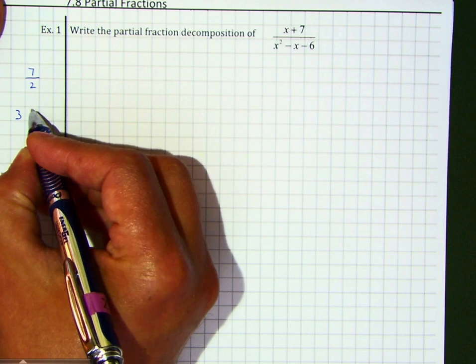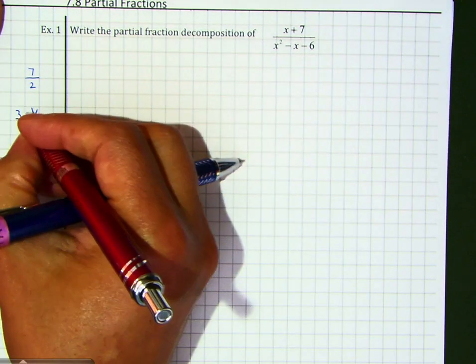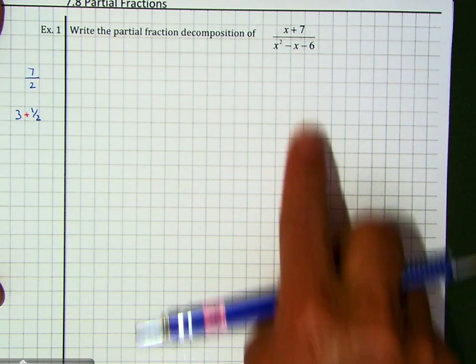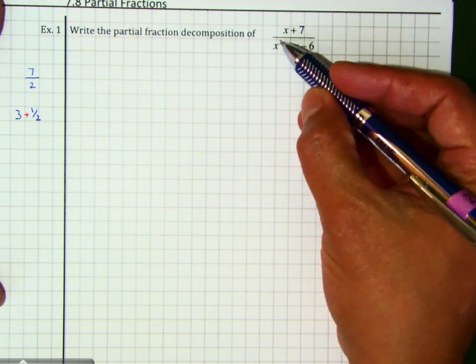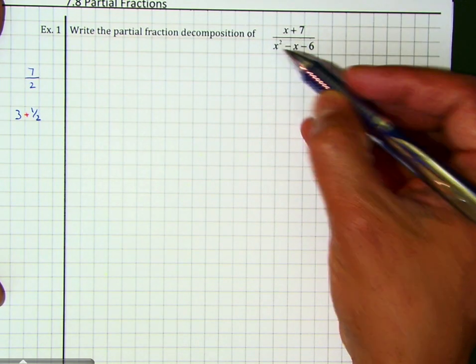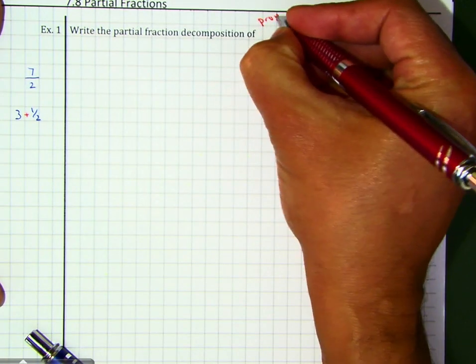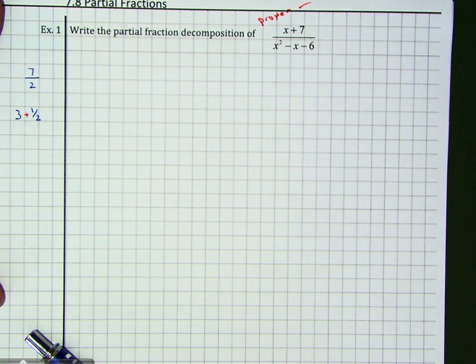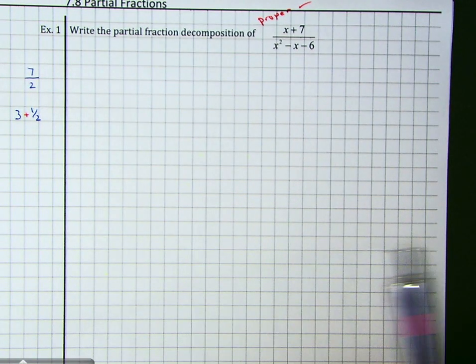We usually write down 1/2, but we know that there should be a plus in between that we're not going to write down. If the degree of the polynomial is bigger on the denominator, then this is a proper fraction. So therefore, we don't need to do a long division or synthetic division.